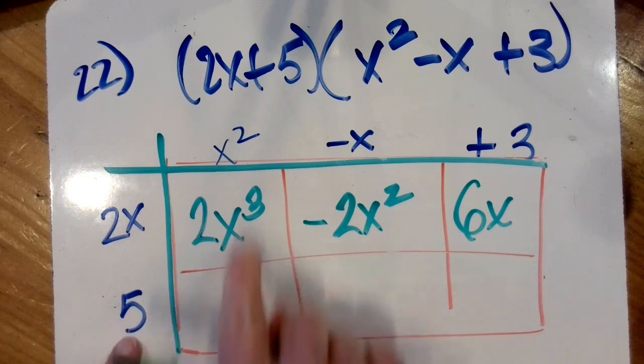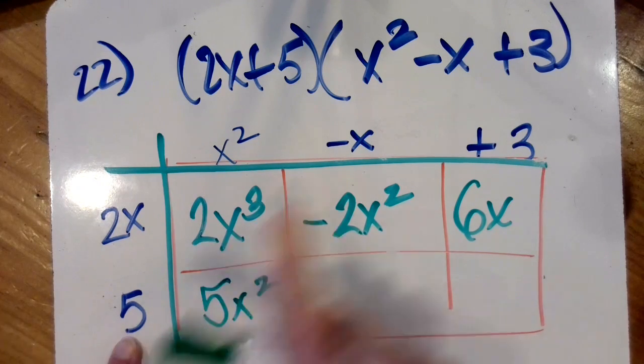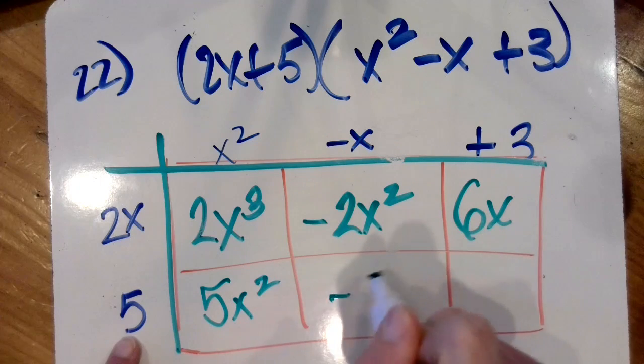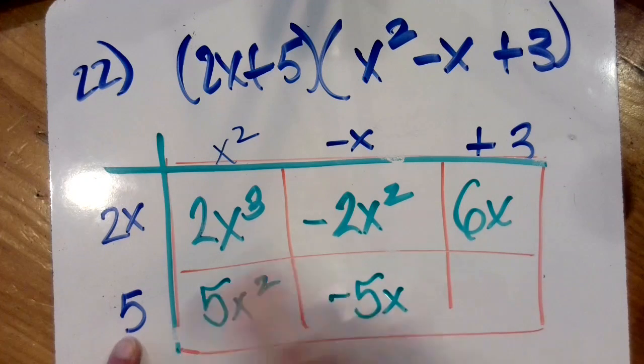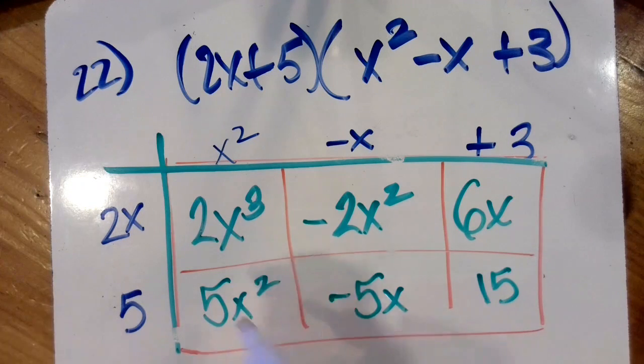Second row, 5 times x squared is 5x squared. 5 times negative x, negative 5x. 5 times 3 is 15. When it's time to combine like terms, my like terms are diagonal from each other.